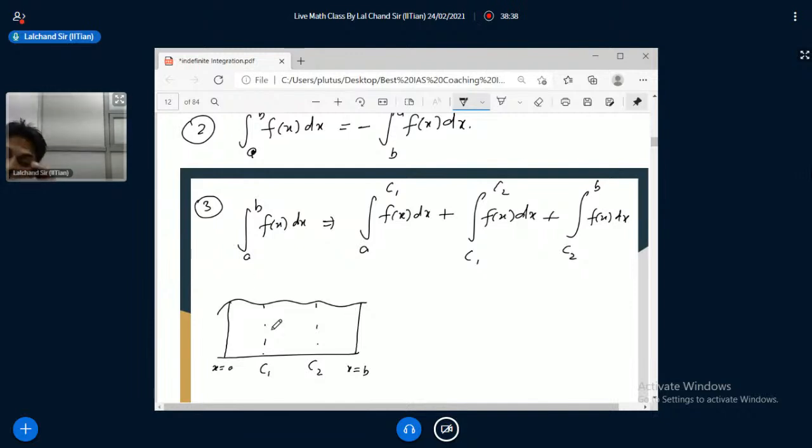If f(x) is continuous, we can break it like this. This is the third property of integral.